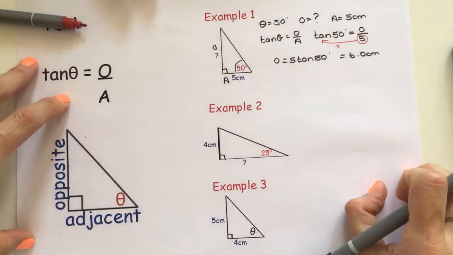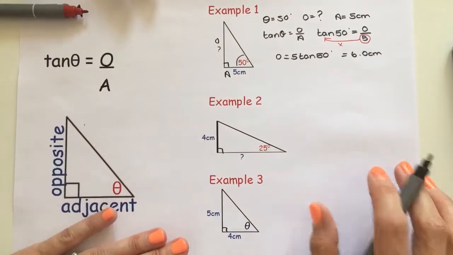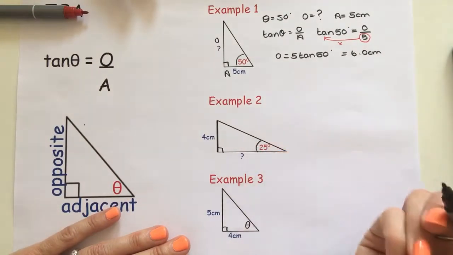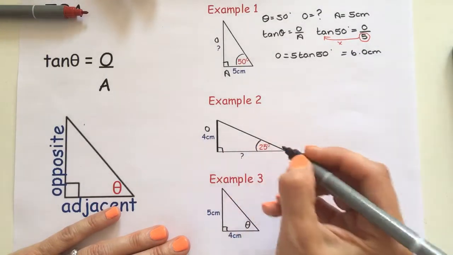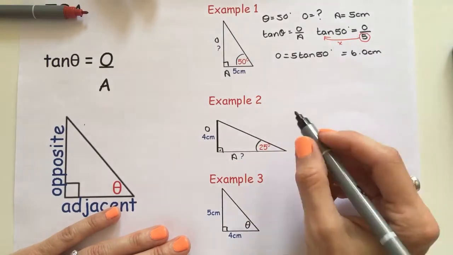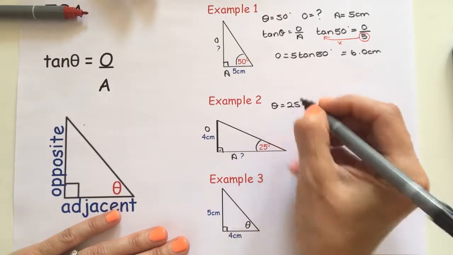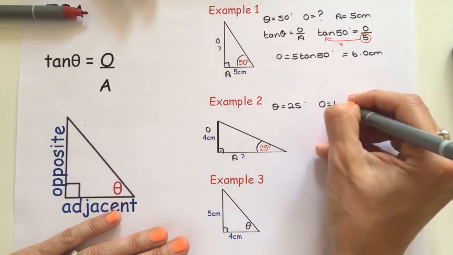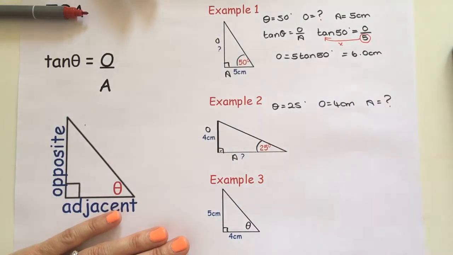centimeters. Okay, example number 2. Again, start by labeling. You have an angle, opposite the angle is O, the opposite, next to the angle is A. No reference to the hypotenuse in this question, so I'm going to ignore it. So theta is our angle, 25, O is 4 centimeters, A is what we're required to find out.